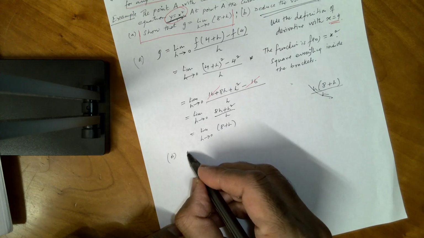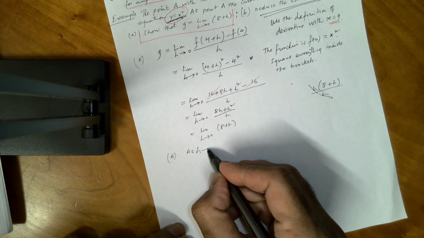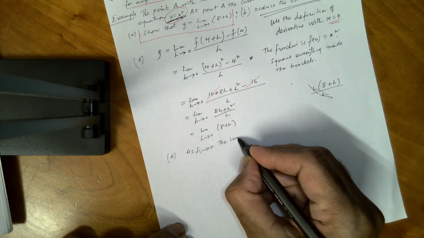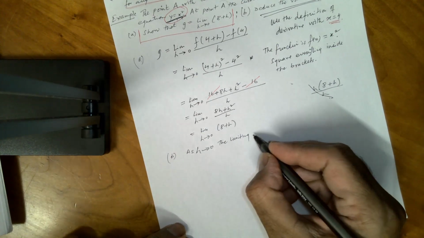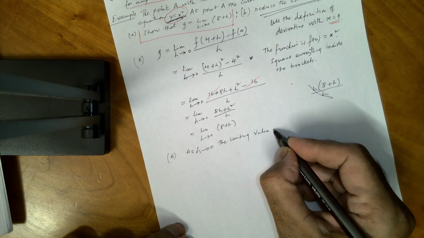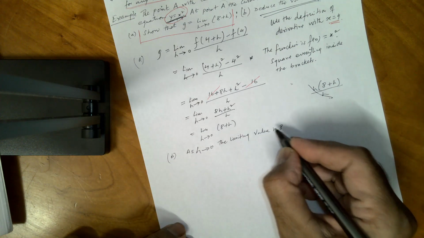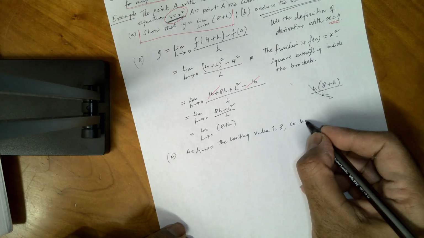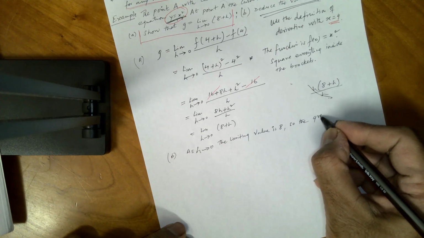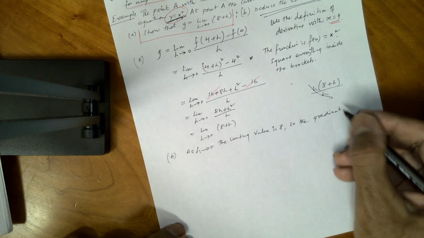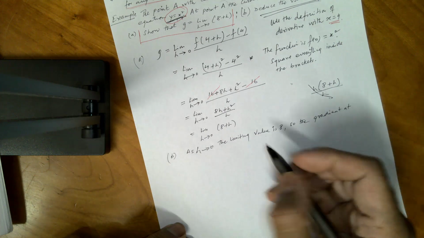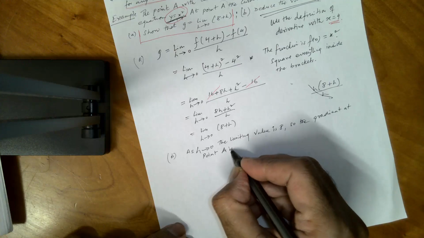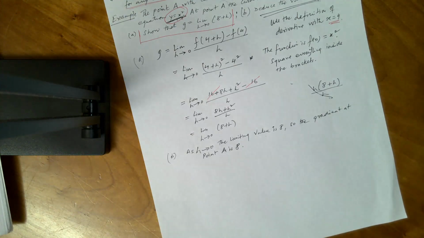It says as h tends to 0, the limiting value is 8. So the gradient at point A is 8.